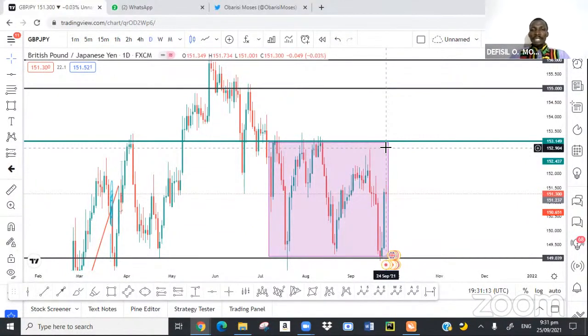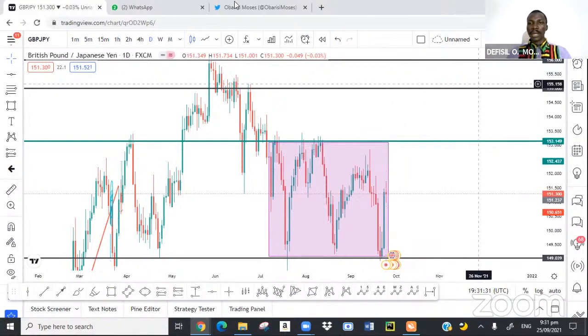And when the market is ranging like that, it has every tendency of breaking through the range after it has ranged for a very long period of time, or after it has stayed in a particular area for a very long period of time.